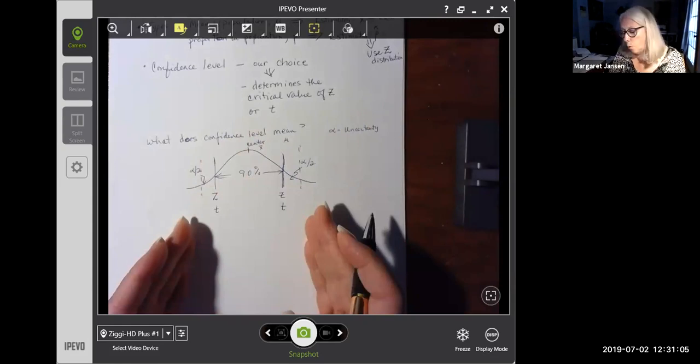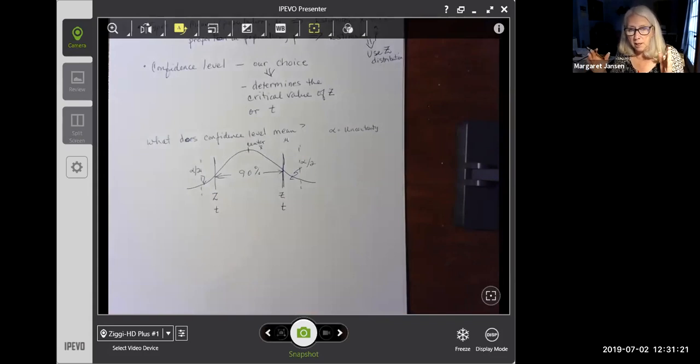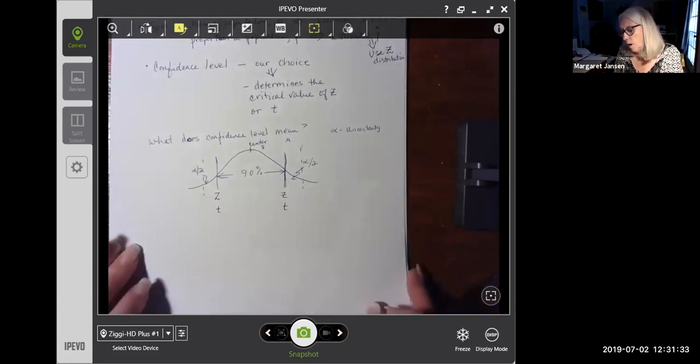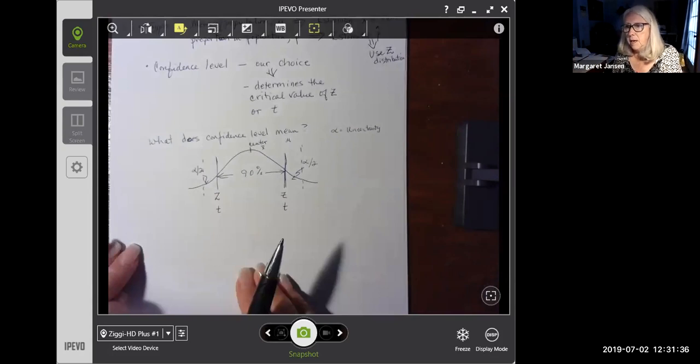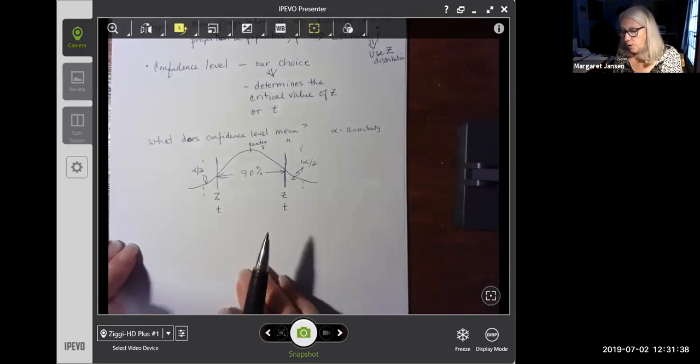So this is the kind of picture you should have in your mind, because we're going to look up some of these t and z values and use them in the formula, but what they represent are the barrier numbers that separate out the selected confidence level centered on the bell-shaped curve from the areas of uncertainty to the left or to the right.